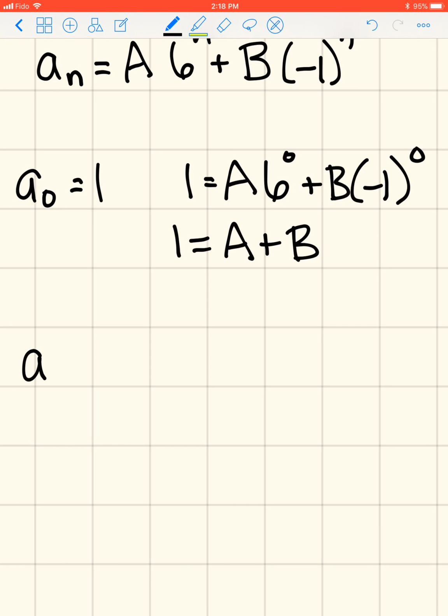When we substitute a_1 being 3, we have a_1 out front, so that's 3. And then again, we have A times 6 to the exponent n, but n is 1.